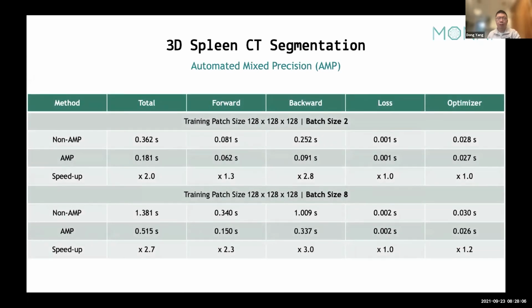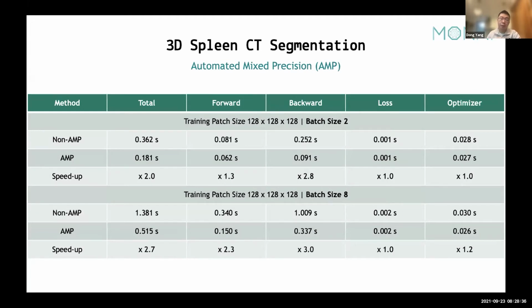We also further narrowed down where the improvement comes from. We decoupled the training process into several components: the forward operation, the backward operation, the loss function, and then the optimization. You can see, given different training patch sizes, the most benefit from using AMP comes from the forward and backward operations.